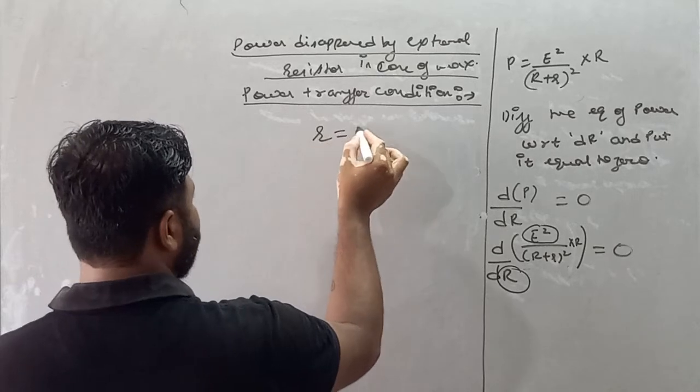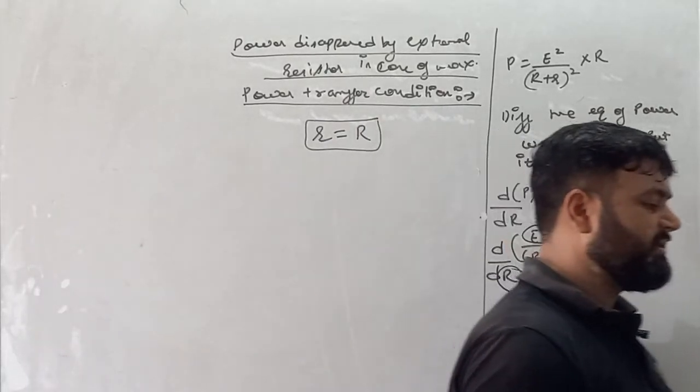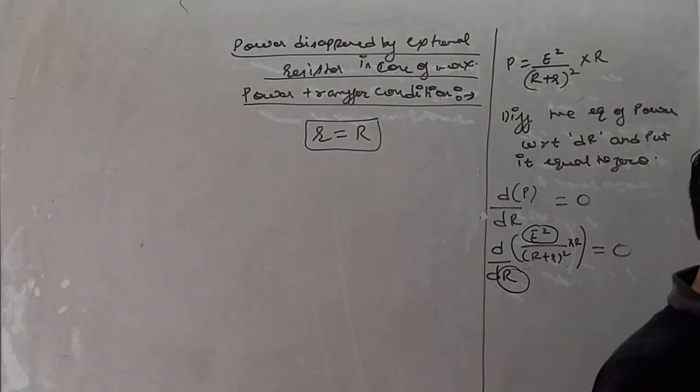So we know that maximum power transfer condition means the external resistor must be equal to the internal resistor.